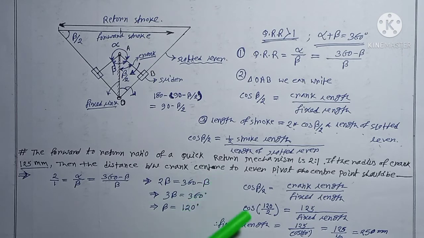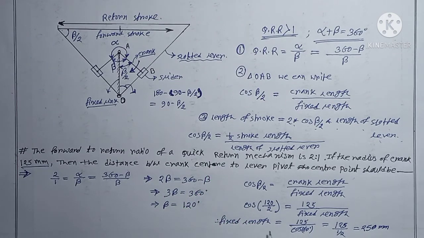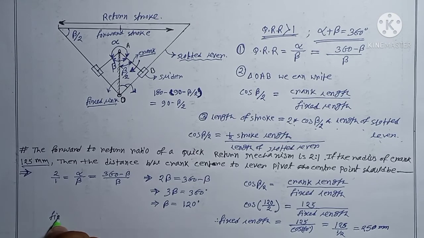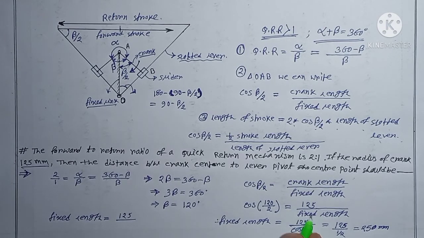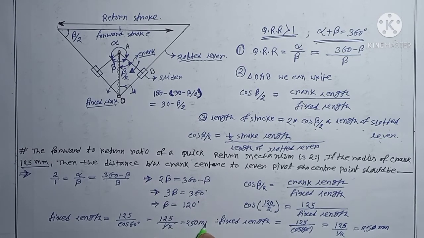So I think the concept is clear. I think this line is not visible now, so let me write this same line here also. This fixed length is equal to 125 by cos 60 degrees, and 125 by half is nothing but 250 mm.